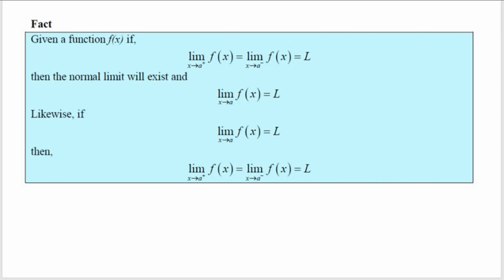Likewise, if the limit of f of x equals L as x approaches a, then the limits from the right and from the left are both equal to L. So it means, class, in order for us to use this limit, we need to satisfy two conditions: it approaches from the right and it approaches from the left. If the two one-sided limits are equal, then the normal limit will exist.